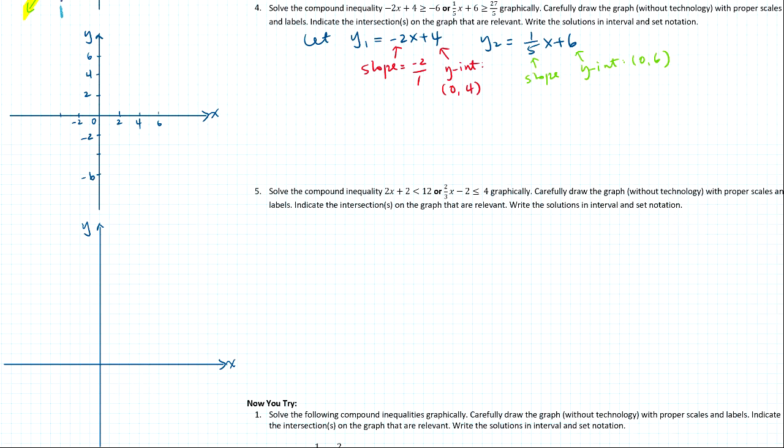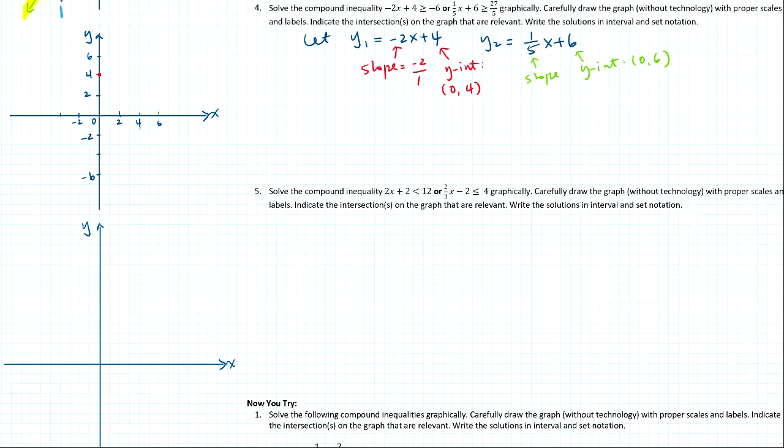Now if we want to graph the first one, negative 2x plus 4, my starting point is (0, 4). I'm going to work with the restriction being negative 6, so I want to go in the downward direction to get closer to my restriction.